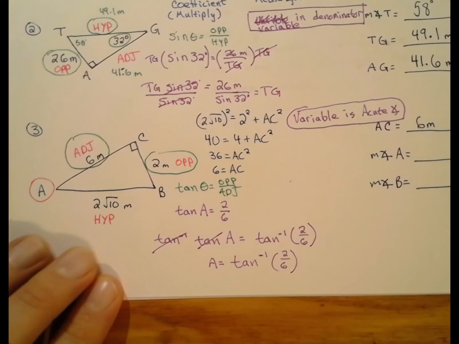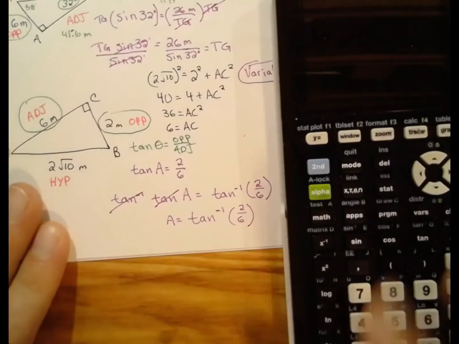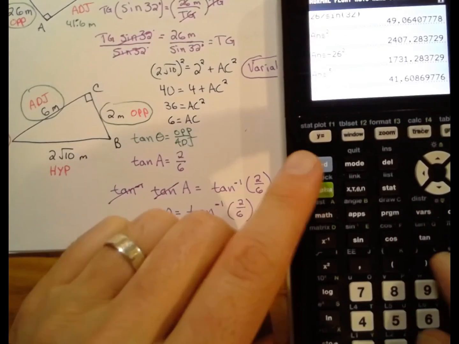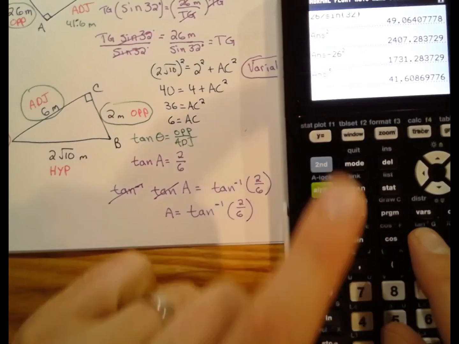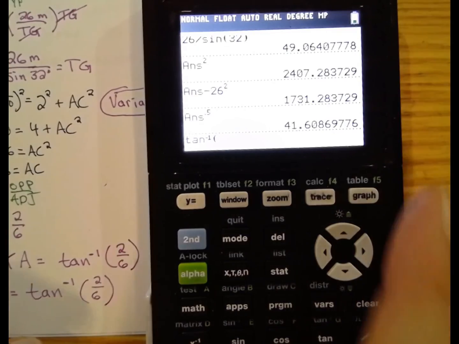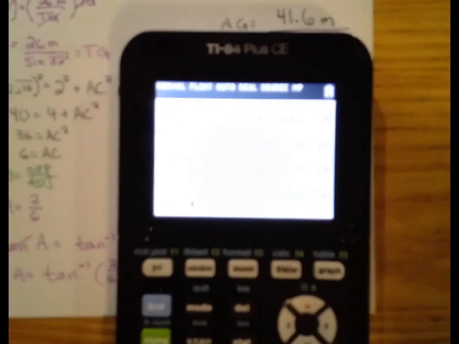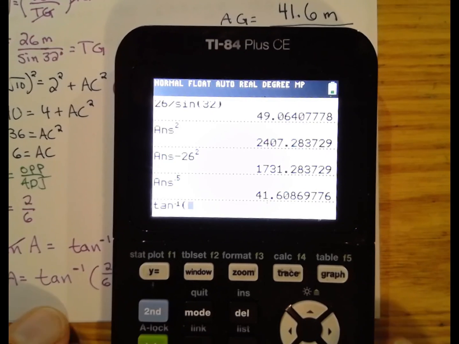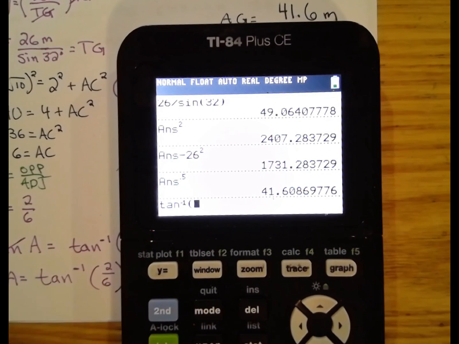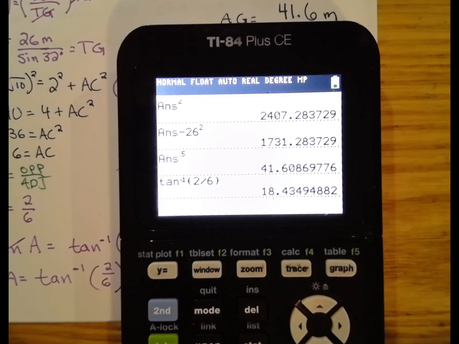These parentheses are super important. My calculator opens parentheses up for me when I hit second tangent. Second tangent gets you the inverse tangent on most calculators. And then we have 2 divided by 6 in parentheses. And that gives us our angle, 18.4 degrees.